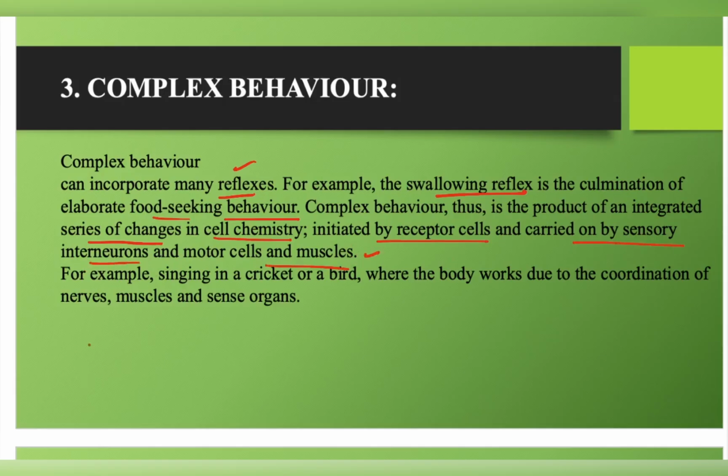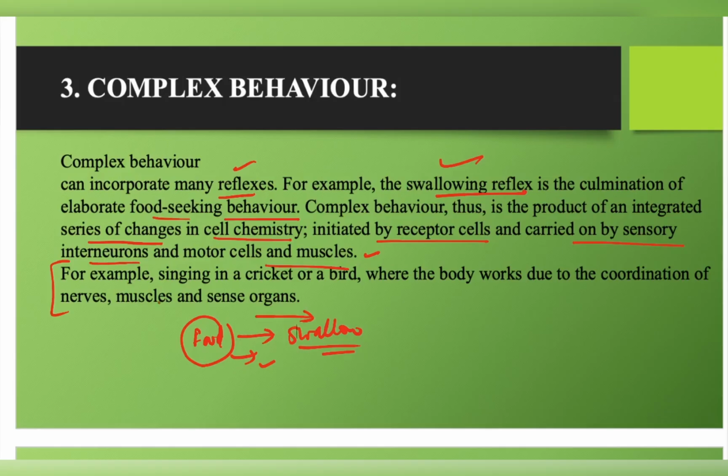For example, taking the swallowing reflex: you pick up the food, you have food in your mouth. Now you are going to swallow the food. What is going to happen? When you swallow the food, certain muscles in your food pipe contract and relax. That is basically the peristalsis of the food, and the food is moved through the food pipe.